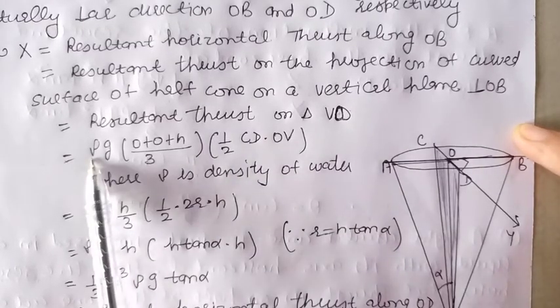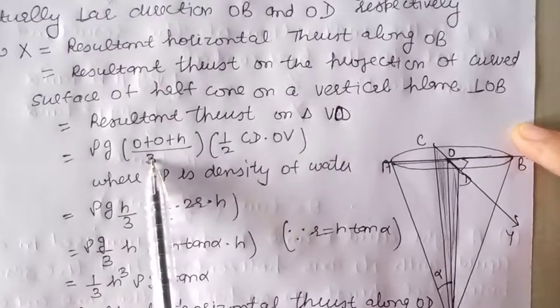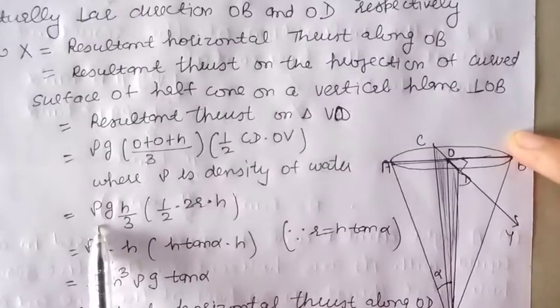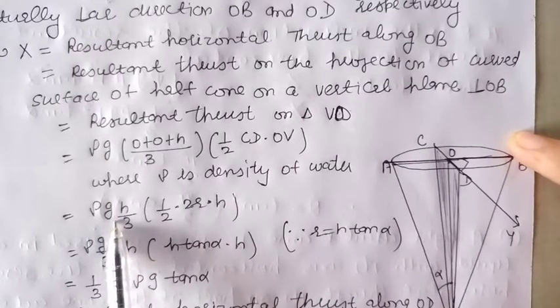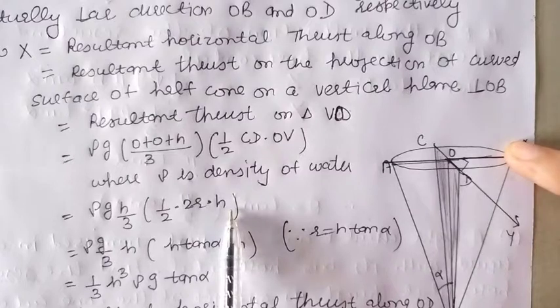Density of water is rho. Depth of center of gravity is h by 3. Area of triangle VCT is half into base into height, so half into CT into OV. Now putting the values, this will be rho into g into h by 3 into half into 2R into h.